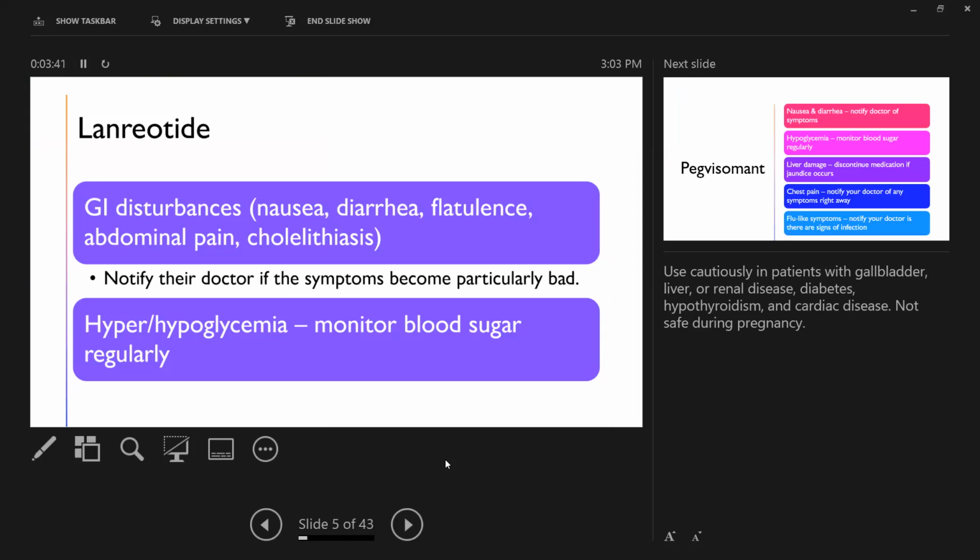This drug also will cause disruptions in blood sugar, so the blood sugar should be monitored quite well. You should use this drug with caution in people with gallbladder, liver, or renal disease, in patients with diabetes, hypothyroidism, and cardiac disease. This drug is not safe during pregnancy.